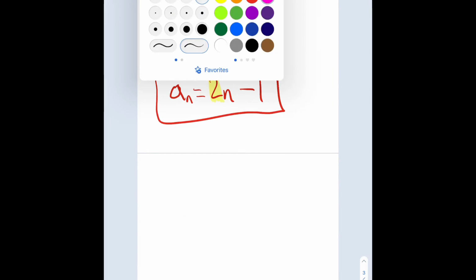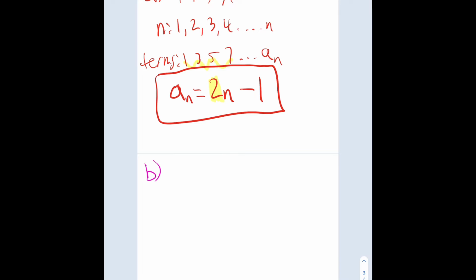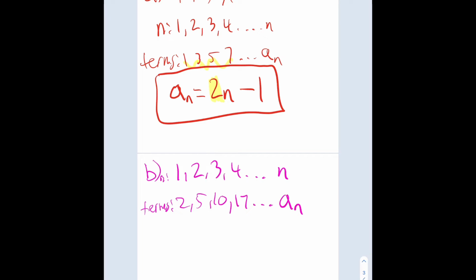If we look at a slightly different example, let's say B is 1, 2, 3, 4 to the nth power. Again, this is like my n terms, or my n, and then my terms. What I'm returning is 2, 5, 10, 17.